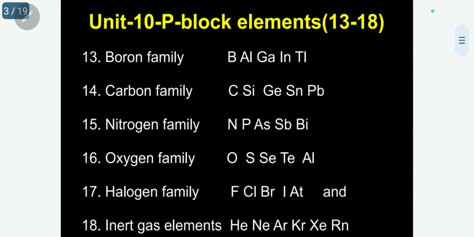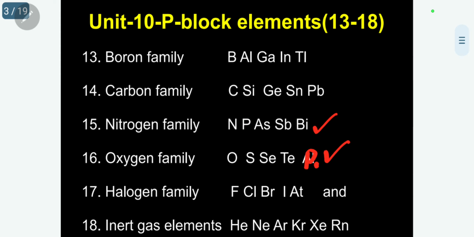14th group, carbon family: carbon, silicon, germanium, tin, lead. And then nitrogen family: nitrogen, phosphorus, arsenic, antimony, bismuth. 16th, oxygen family: oxygen, sulfur, selenium, tellurium, and polonium. 17, halogen family: fluorine, chlorine, bromine, iodine, and astatine.